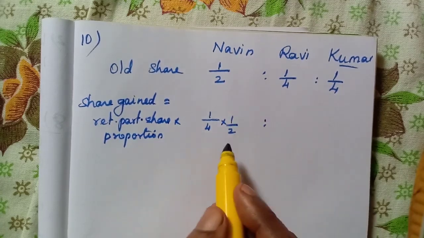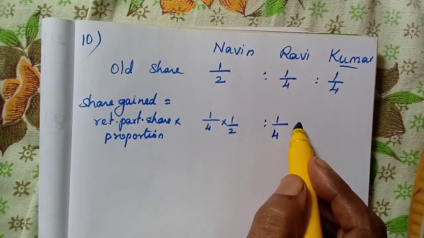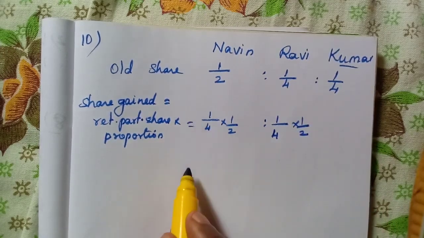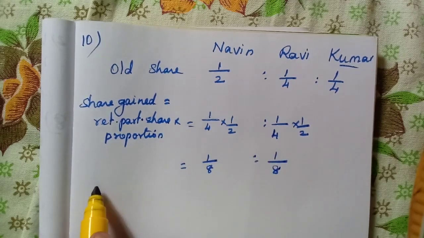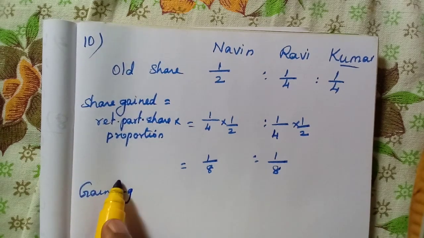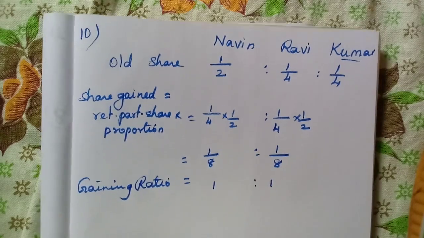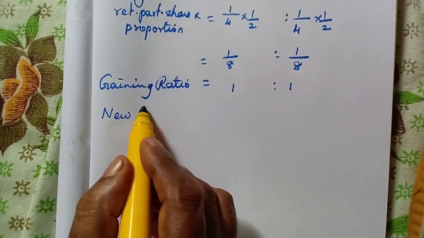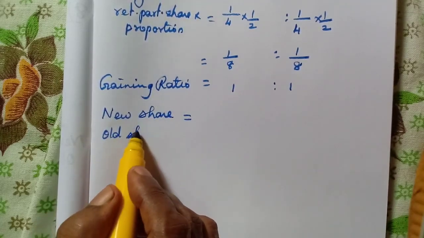Here Ravi, 1 by 4, retiring partner share, 1 by 4 into 1 by 2. 1 by 8 is to 1 by 8. So gaining ratio is equal to 1 is to 1. Okay, now we need to calculate the new share. New share is equal to old share plus share gained.